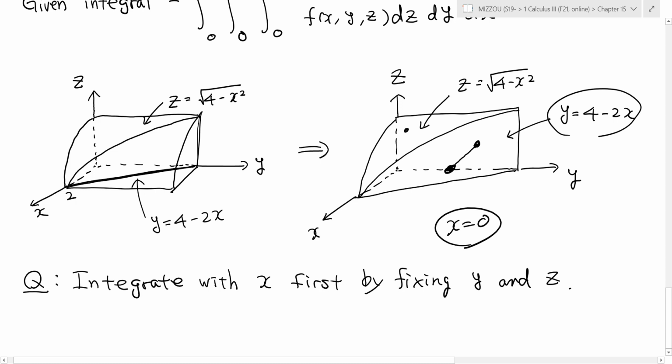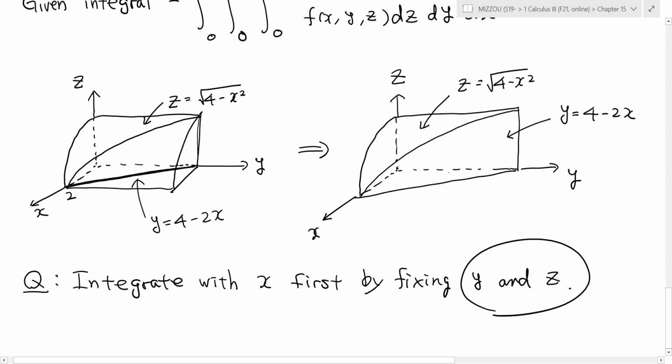But if your fixed yz is somewhere around here, and you move in the direction of the x-axis, what you hit is this surface, z equals root 4 minus x squared. So therefore, you have to separate the integral into 2 different pieces, depending on where you are on the yz plane.